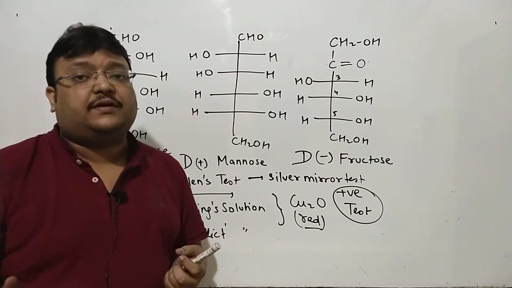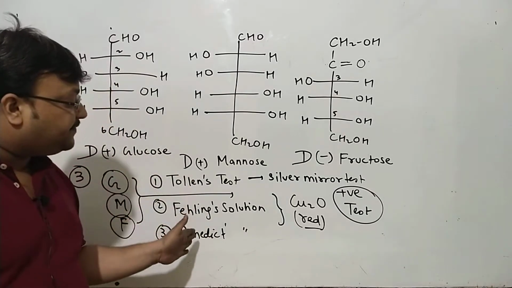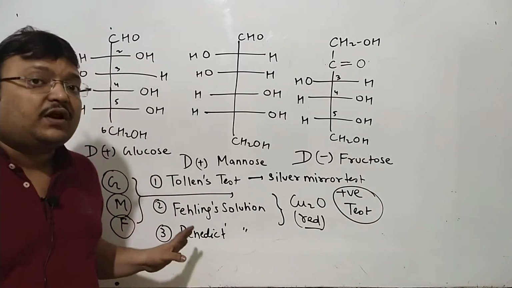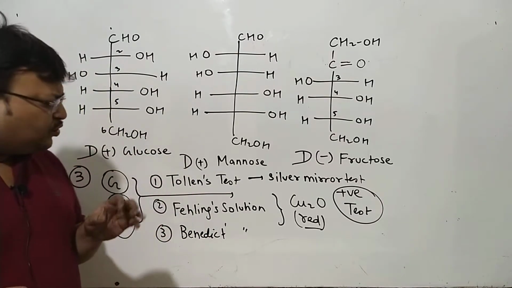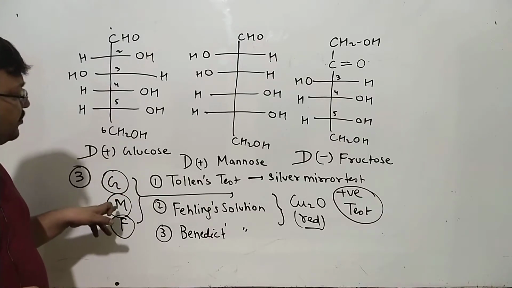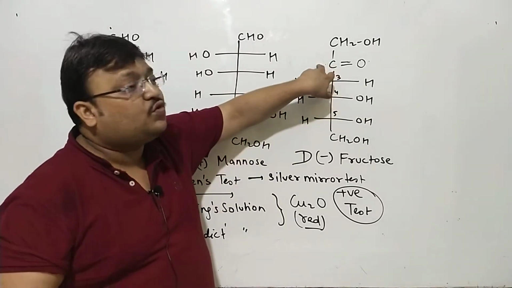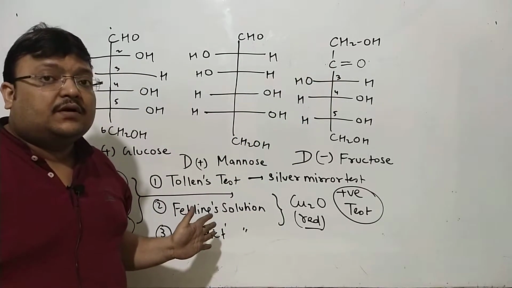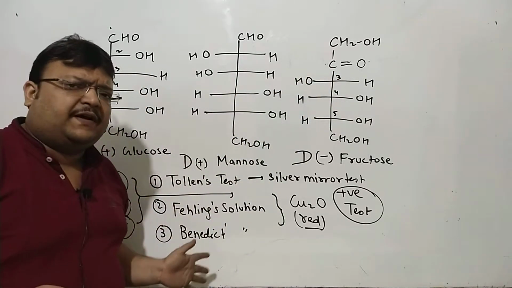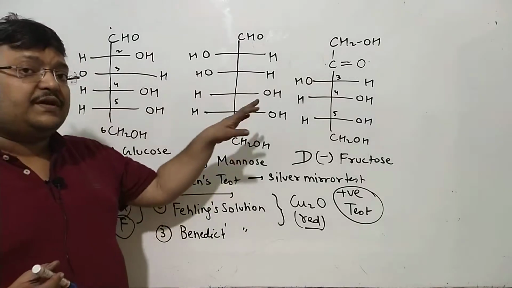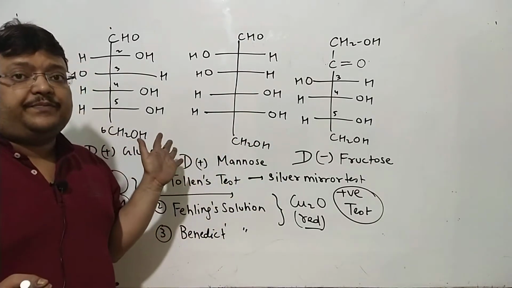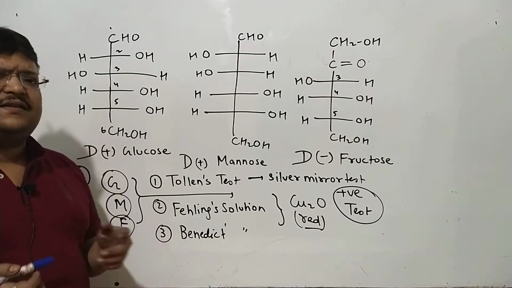Although the only question in your mind would be, these are tests you have read given only by aldehydes, not by ketones. So with glucose, mannose, it's okay, because they are aldoses. You will wonder how a ketone like fructose can give a positive Tollens or Fehling's. Fructose gives a positive Tollens, Benedict's, Fehling's test.